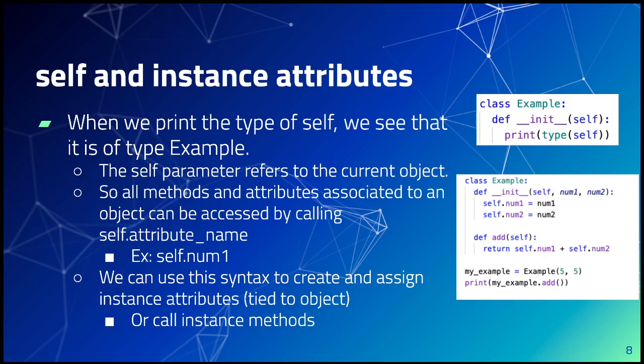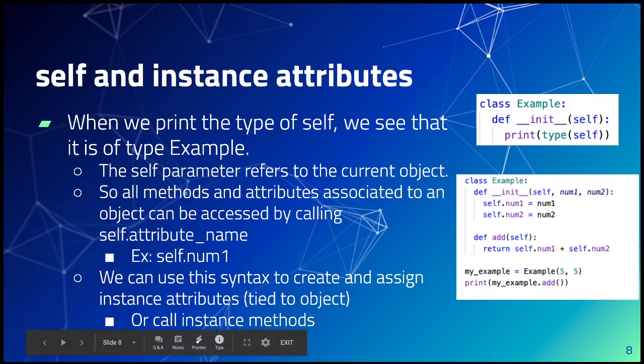But now how do we access these variables? Well, in order to access them, you can only call them within special or instance methods, because you have to actually call them off of self. And remember that self is only passed in automatically when you call it off an object, like you can see here, my example.add. So def add, you pass in self, which is an implicit parameter.